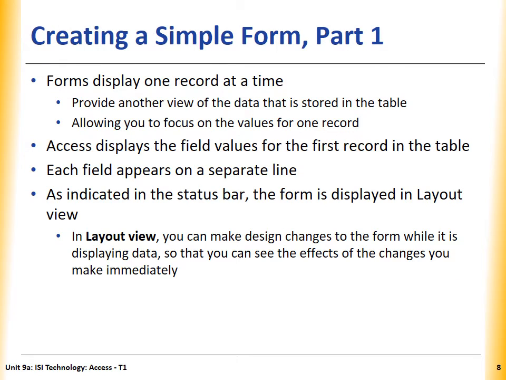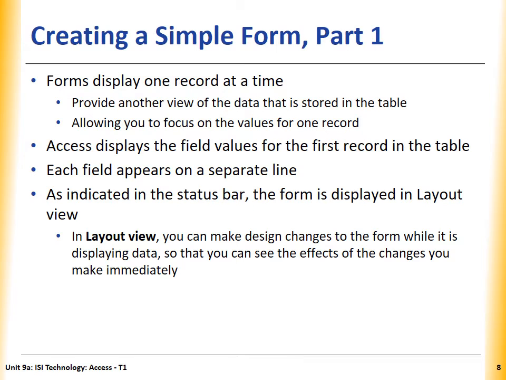To create a simple form: forms display one record at a time, to provide another view of the data that is stored in the table, allowing you to focus on the values for one record. Access displays the field values for the first record in the table. Each field appears on a separate line as indicated in the status bar.